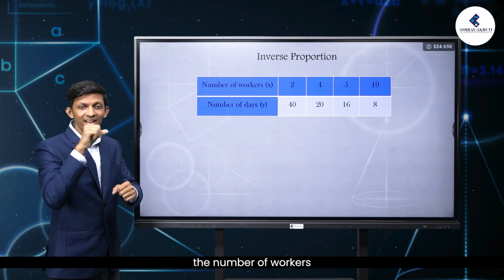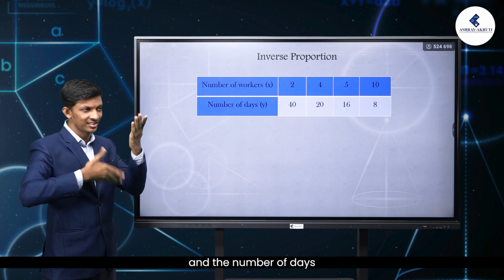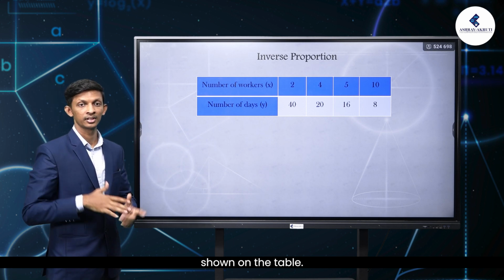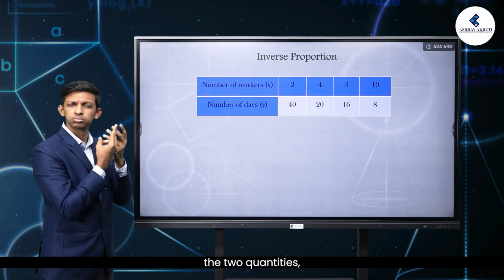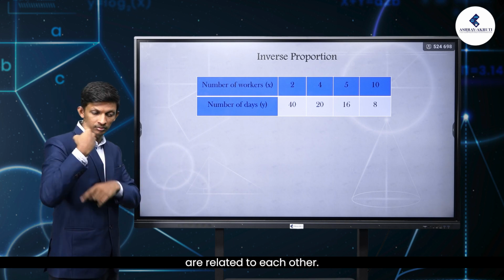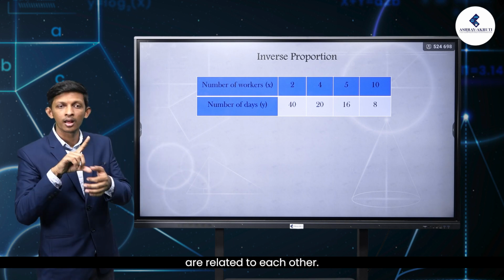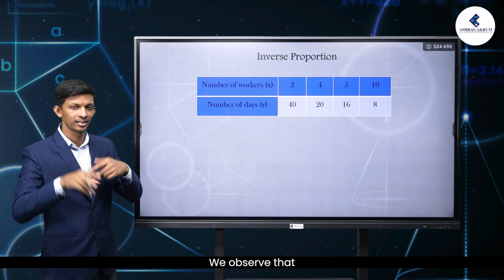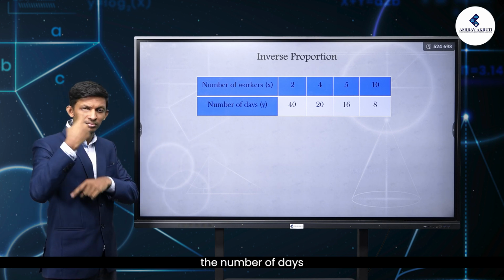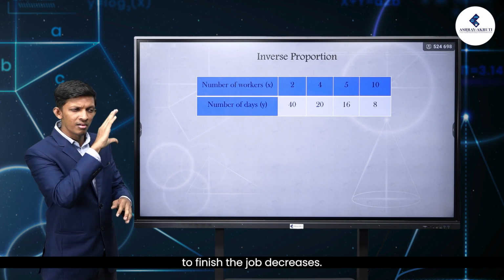We can see the number of workers and the number of days shown on the table. In this situation, the two quantities, namely the number of workers and the number of days, are related to each other. We observe that when the number of workers increases, the number of days to finish the job decreases.